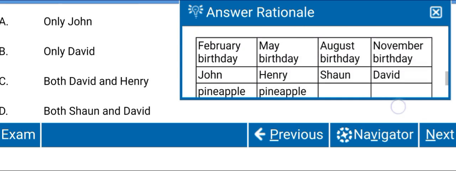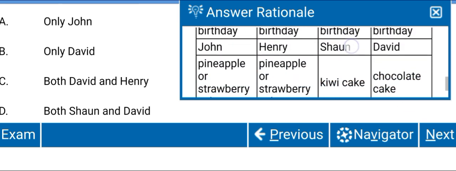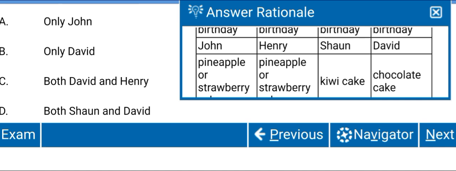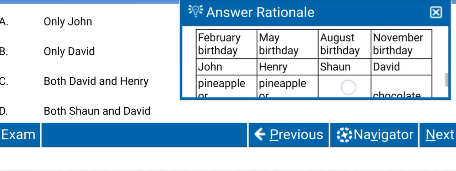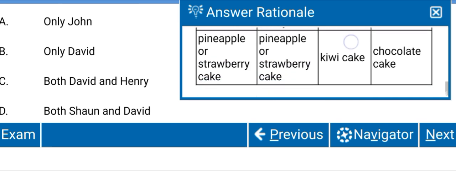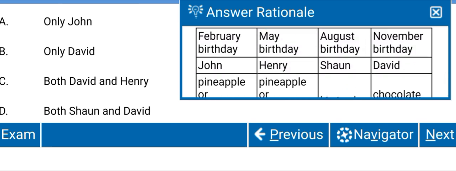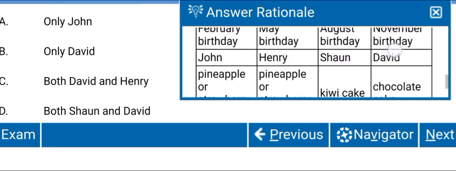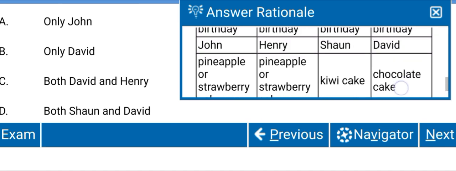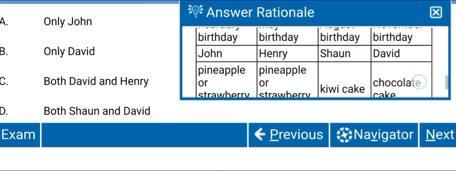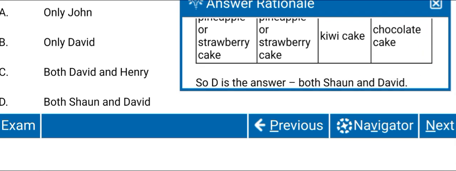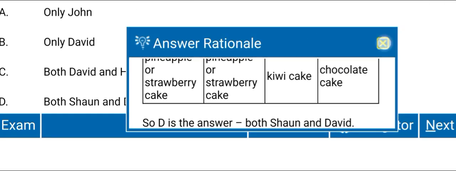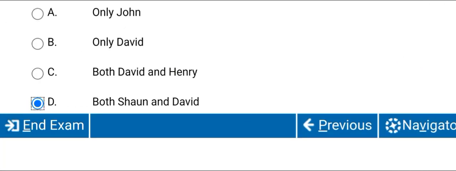February birthday, John, and it has pineapple or strawberry cake. May birthday, Henry, pineapple or strawberry cake. August birthday, Sean, kiwi cake. And November birthday, David, chocolate cake. So D is the answer, both Sean and David. This is the right option we have.